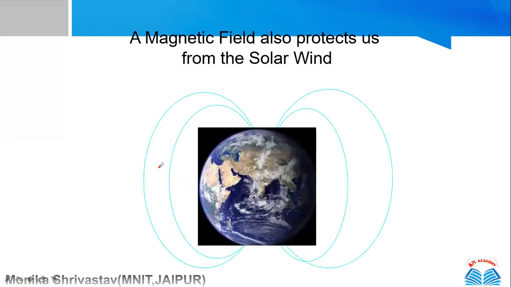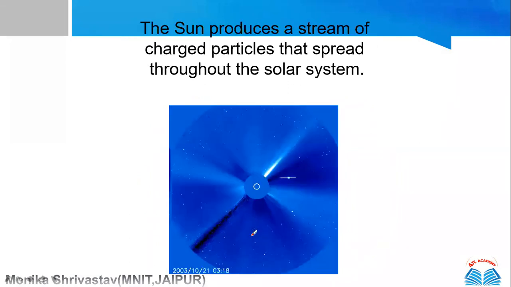A magnetic field also protects us from solar wind. Solar winds are some higher energy radiations which are all around this Earth. Solar winds are generated from the Sun, and these magnetic field lines are covering the Earth. These magnetic field lines are protecting us from those high energy radiations and from the solar winds.